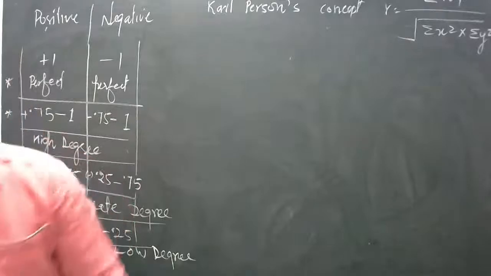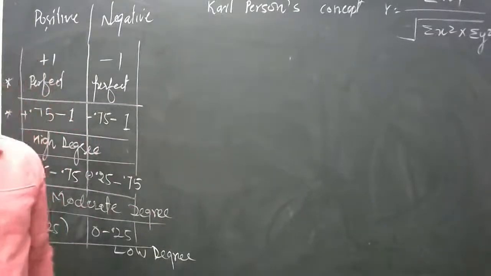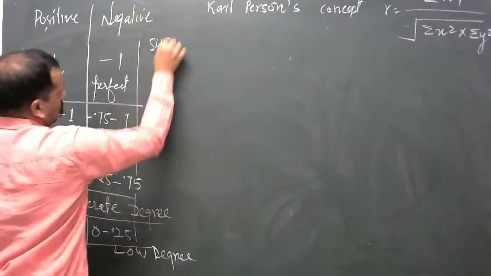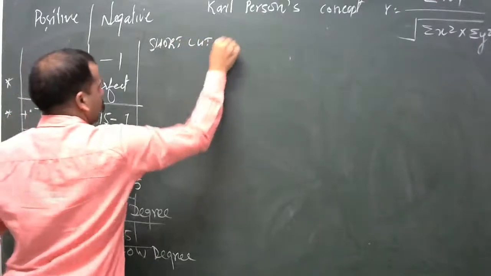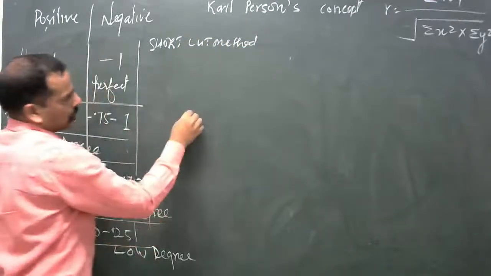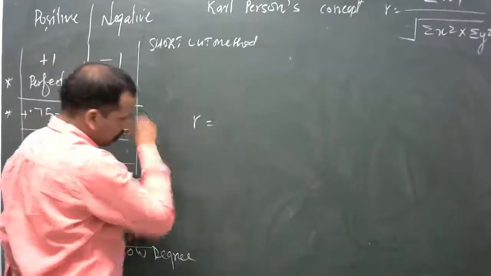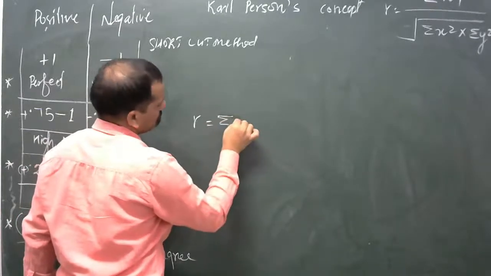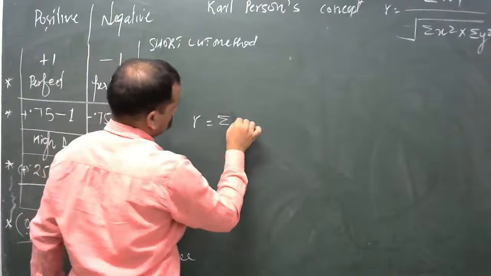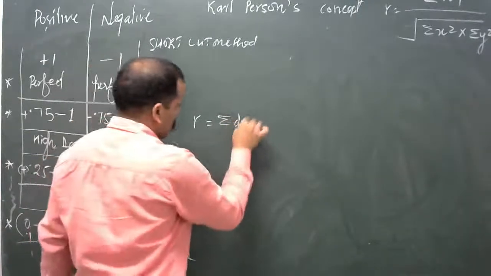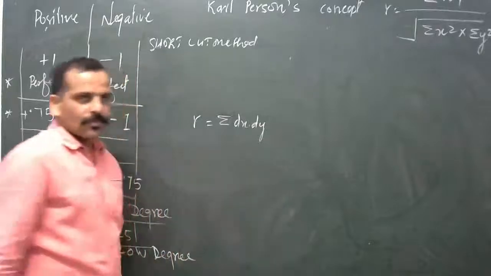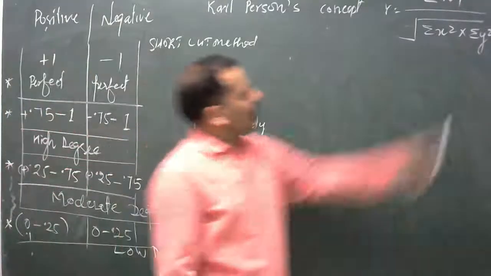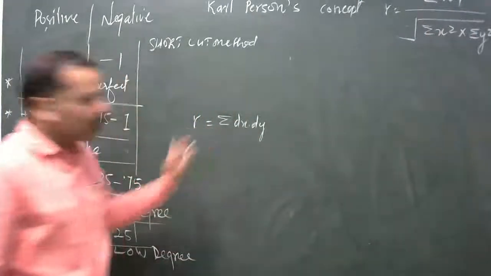This is the given direct formula. Now the shortcut method: correlation is equal to sum of dx into dy, meaning deviations, dx and dy. So here x into y, so dx and dy are one and the same.